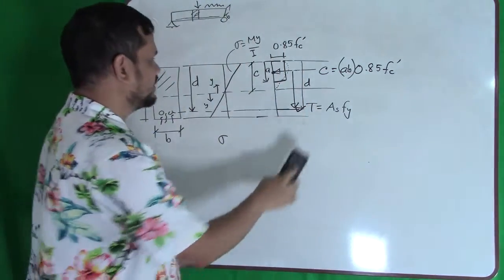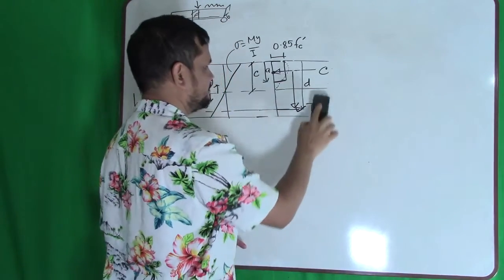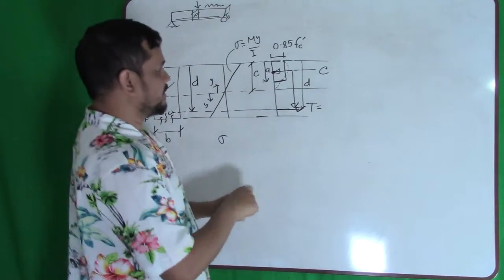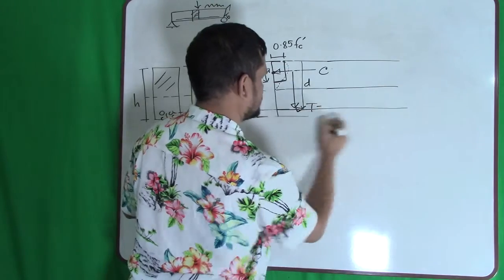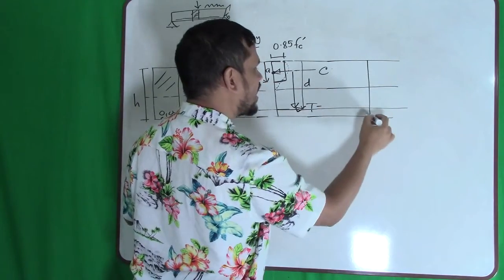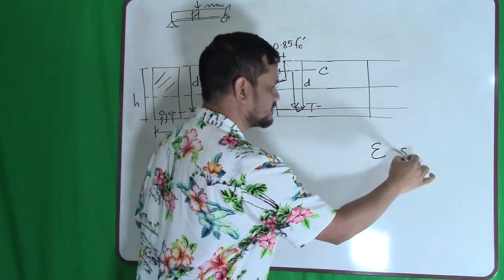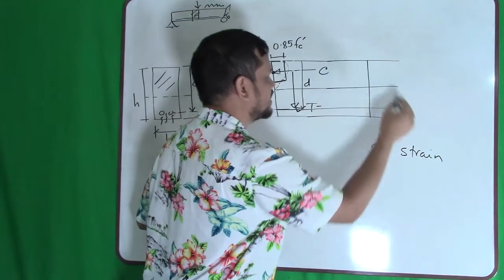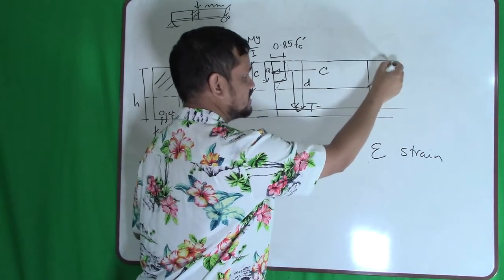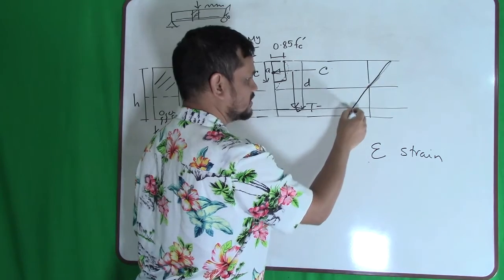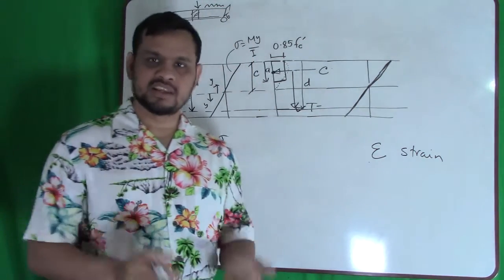Okay, I will delete some portion here to make some room. So if I extend this one, now I will draw the strain diagram. My strain diagram is linear.